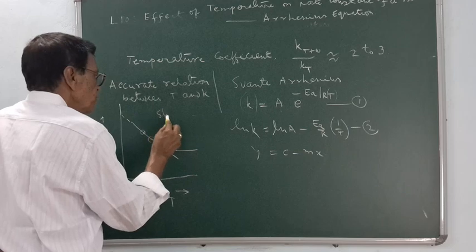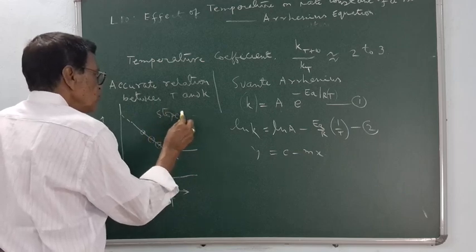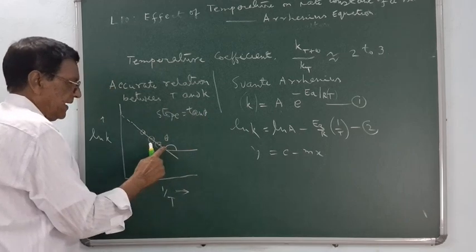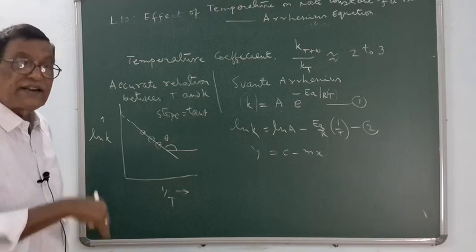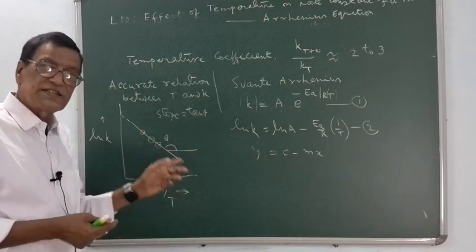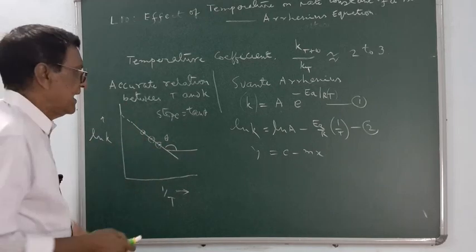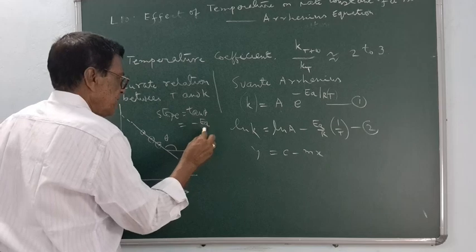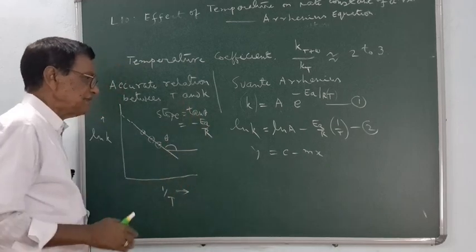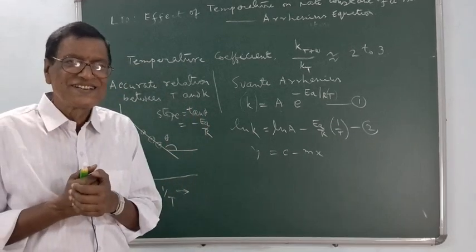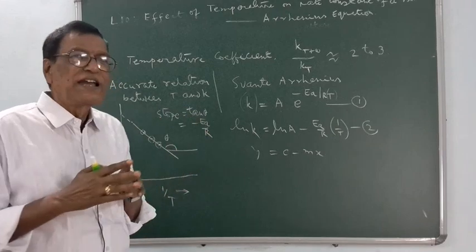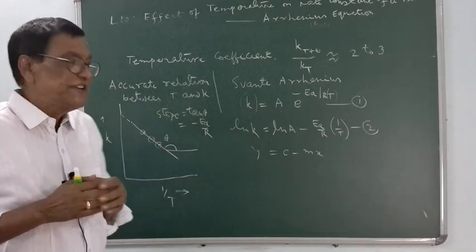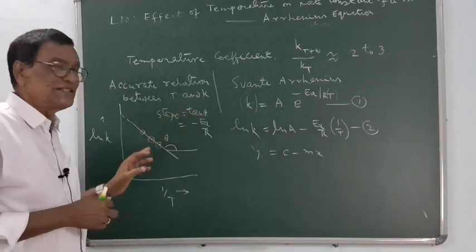So, slope will be equal to tan theta, the angle subtended at the right side of this straight line, and this is equal to minus Ea by R. R is known to us. So, the activation energy of that reaction can be determined from the slope of this curve.